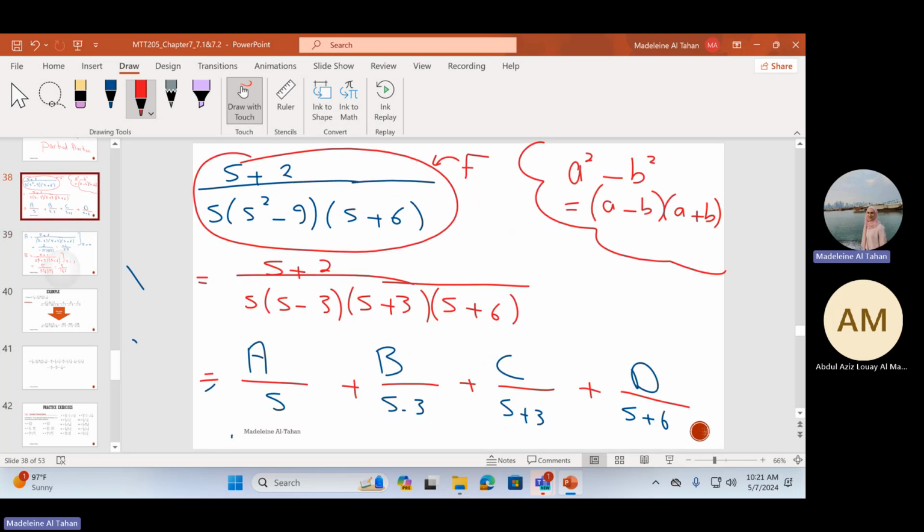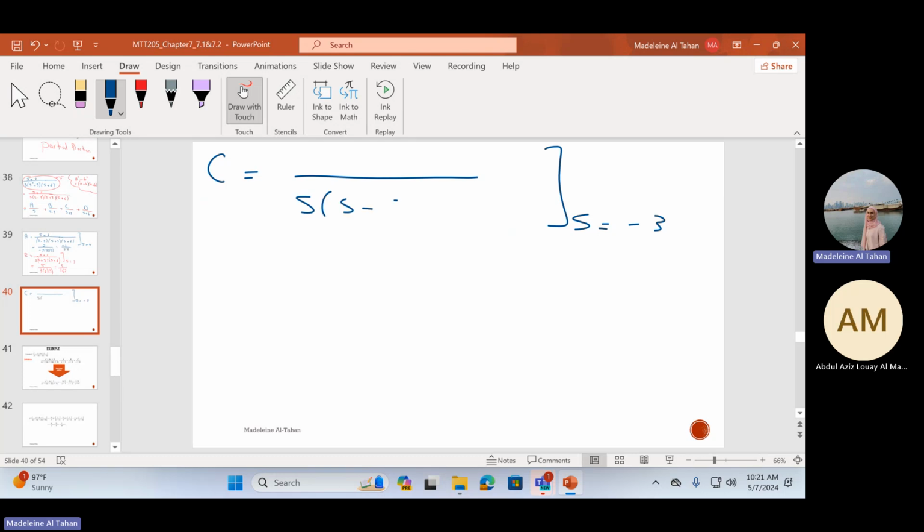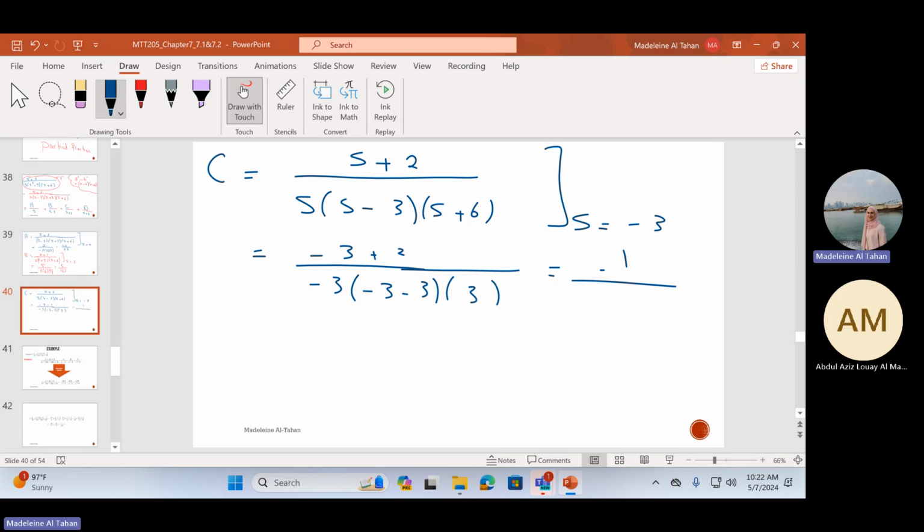We should cover s plus 3, right? So for C, cover s plus 3, it means that we evaluate at negative 3. We are left with s minus 3 and s plus 6. On top we have s plus 2, evaluate, what will we get? Negative 3 plus 2 over negative 3, negative 6, and here we will get negative 1 over 54.